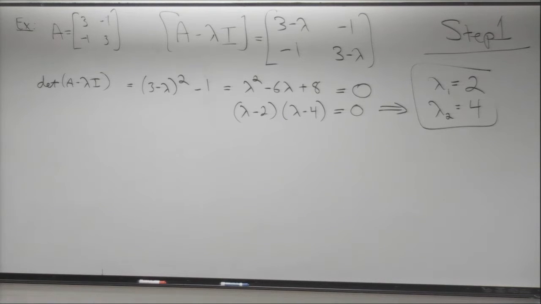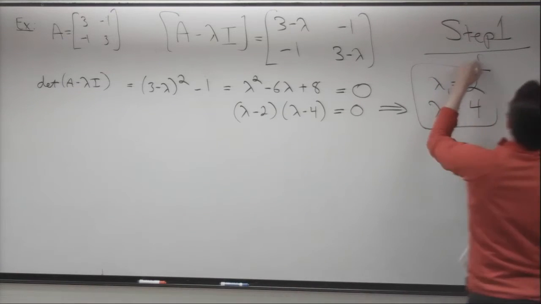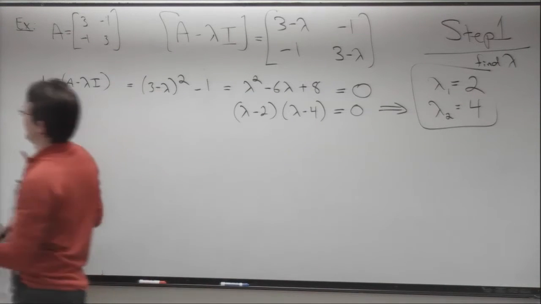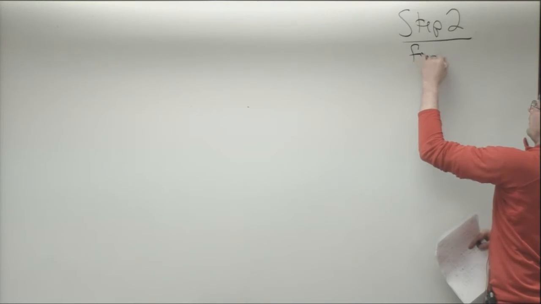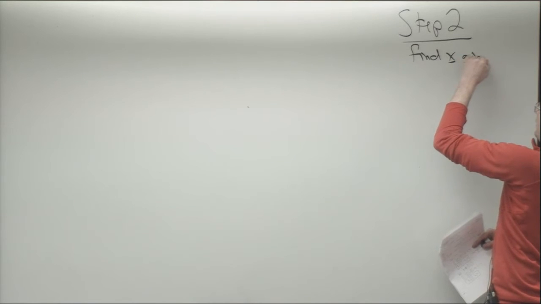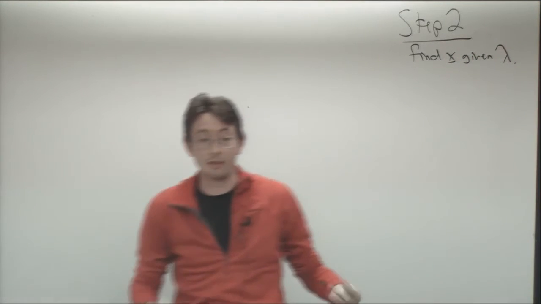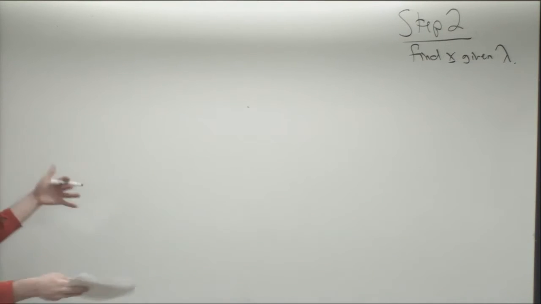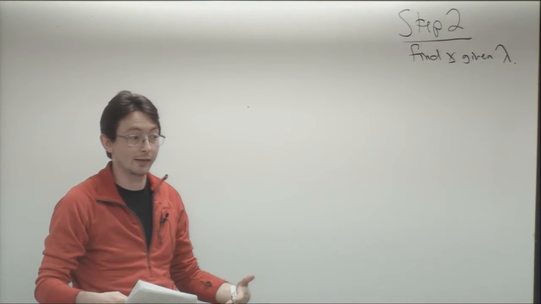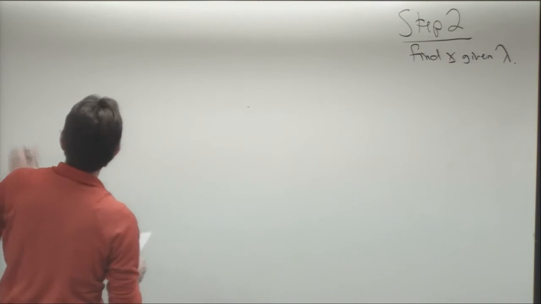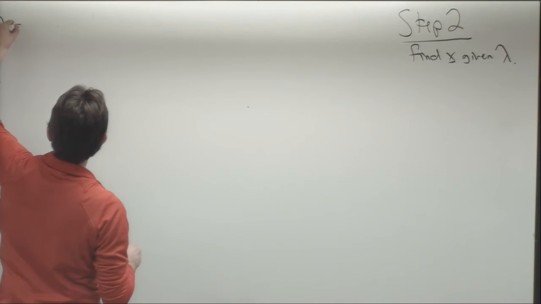Okay, so step 2. Step 1 was find lambda, right? Step 2 is find my eigenvector, find x given lambda. Okay, so now we have lambdas that make my system singular, and I need to find which vectors x map to 0. Okay, so we start with lambda 1 equals 2.